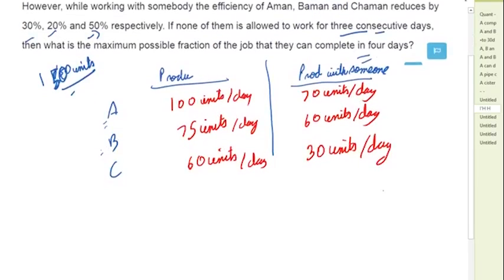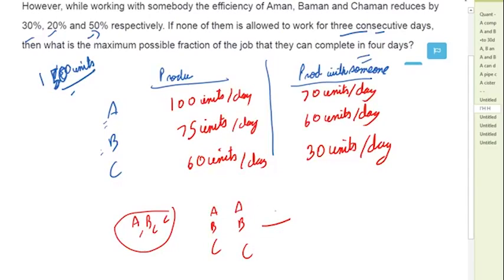Now you have to design how you can get the maximum work out of them. Here you will need a bit of trial and error. If A, B, and C work together, that's good for us. I can ask A, B, C to work together on the first day, and then on the second day also.